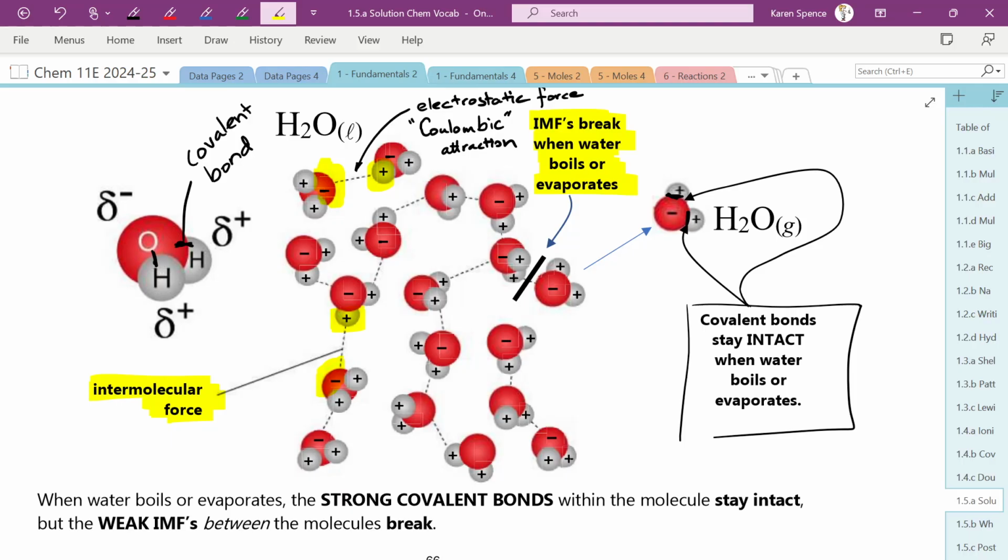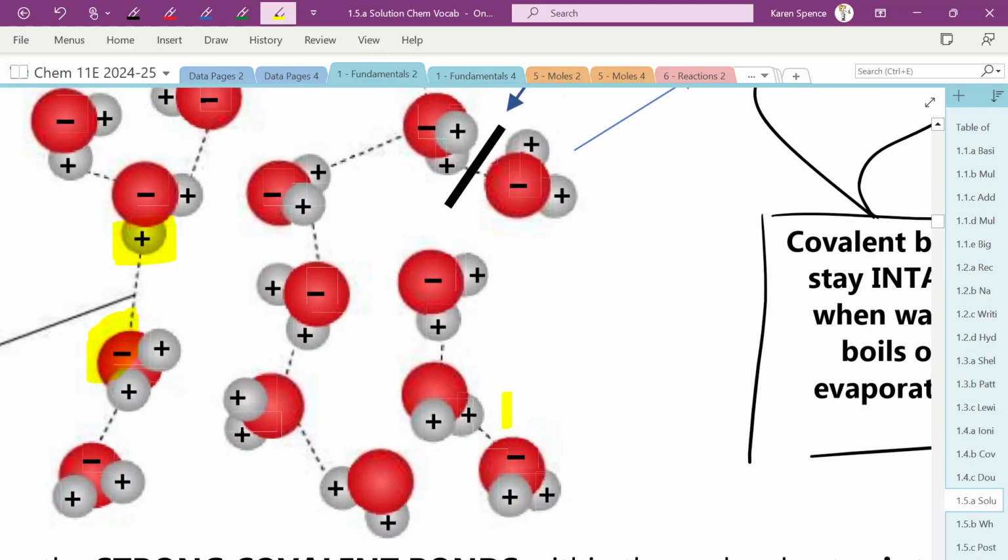Yes? But then there's still water. There's still water molecules, and that's because we are breaking the intermolecular forces, which are between the molecules, but the covalent bonds are really strong, and they would require thousands of degrees to be broken as opposed to the 100 degrees Celsius that it requires for water to boil.